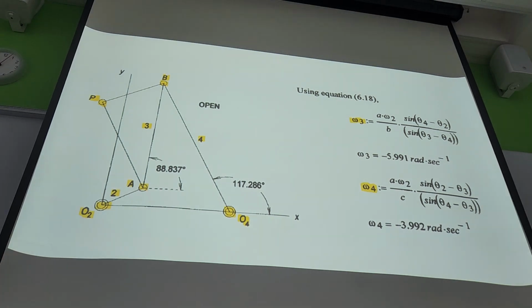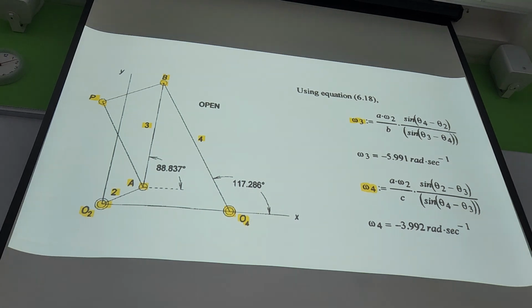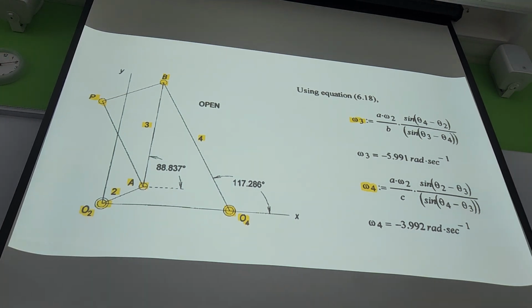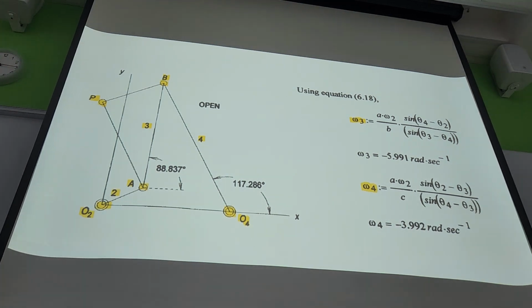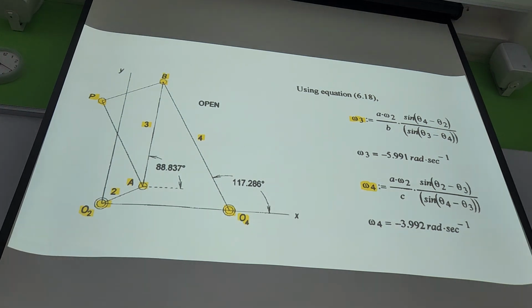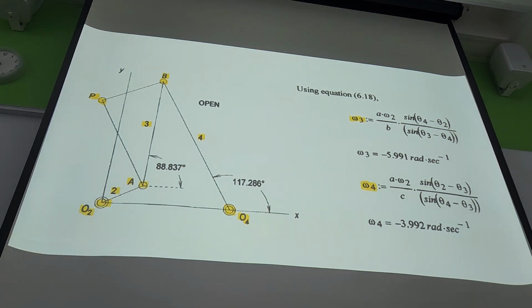Let us say, consider the angular velocity of link 3 is given. So you can take this as negative 5.991 radians per second. So consider that you have done velocity analysis and you got the angular velocity of link 3 as 5.991 radians per second.